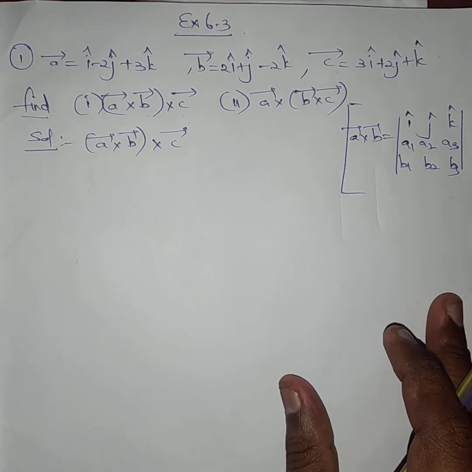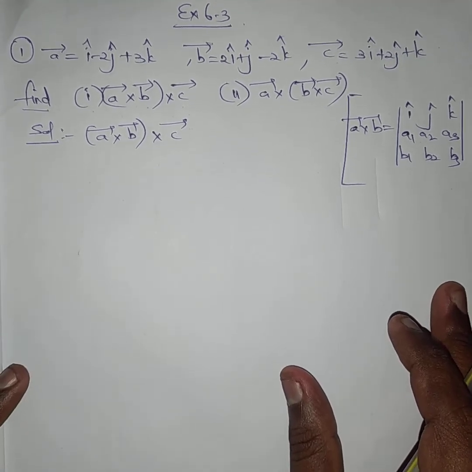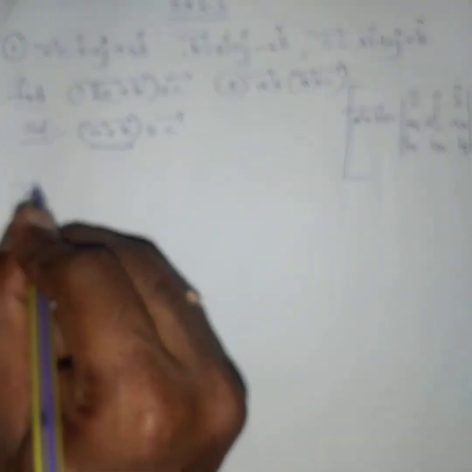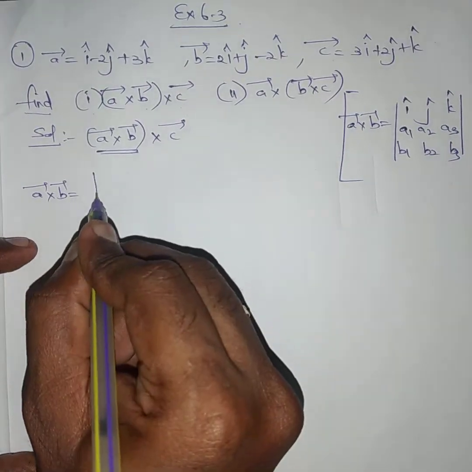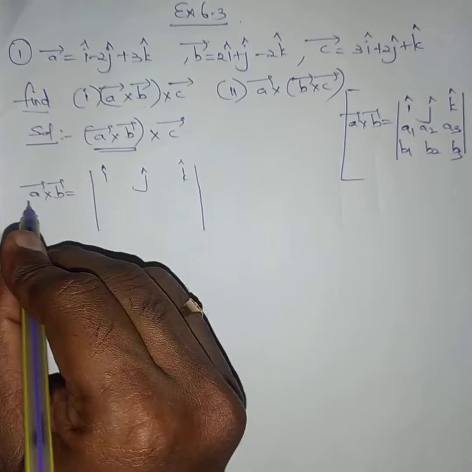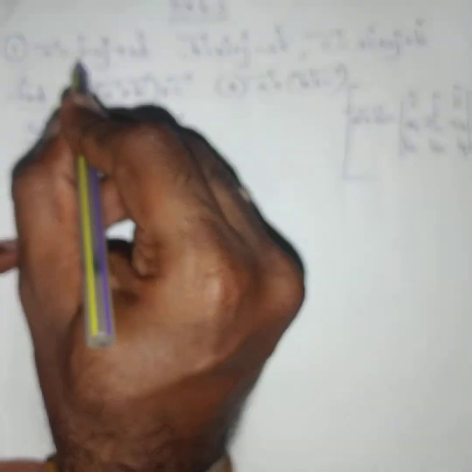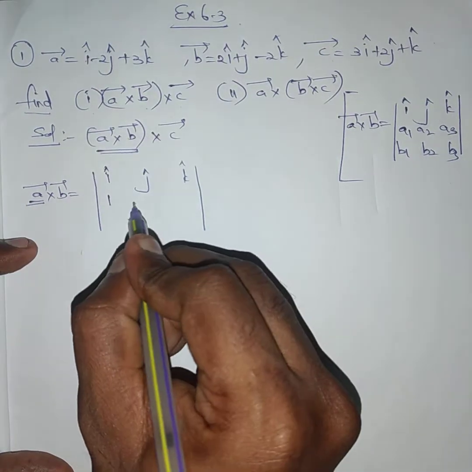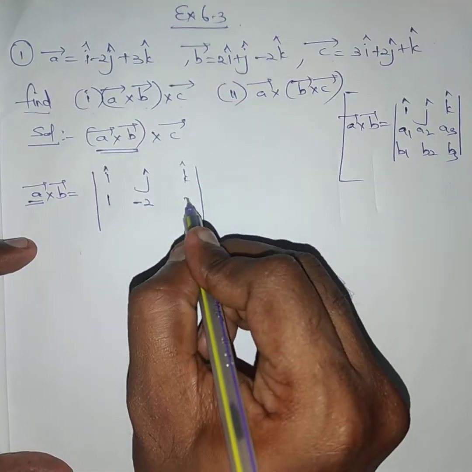The same procedure we can use here also. First I am going to choose A vector cross B vector alone. A vector cross B vector is equal to determinant of I cap, J cap, K cap. For A vector, we need to choose only the coefficient. I cap coefficient is 1, J cap coefficient is -2, K cap coefficient is 3.